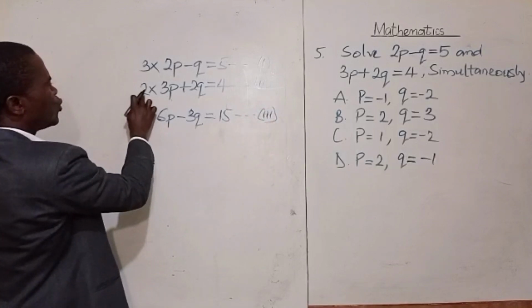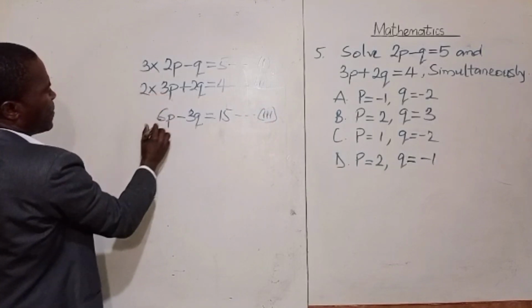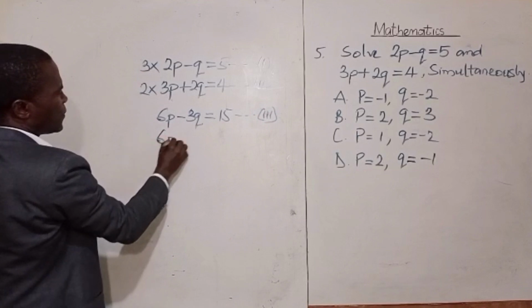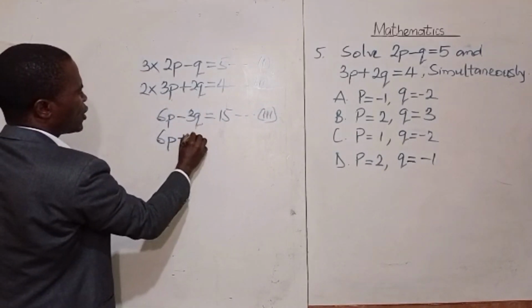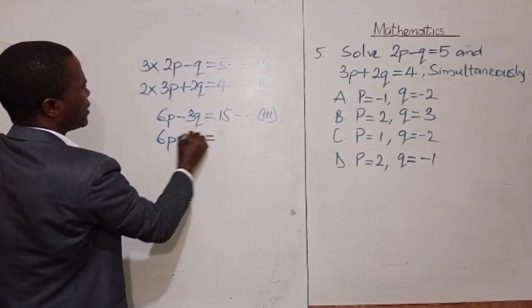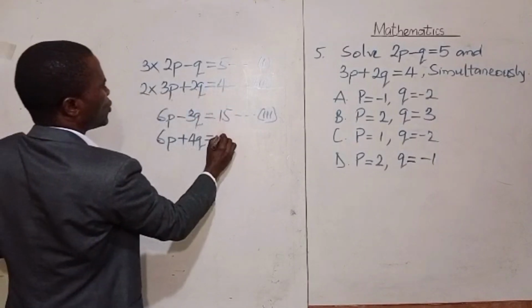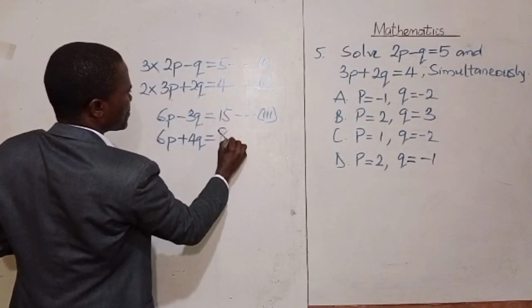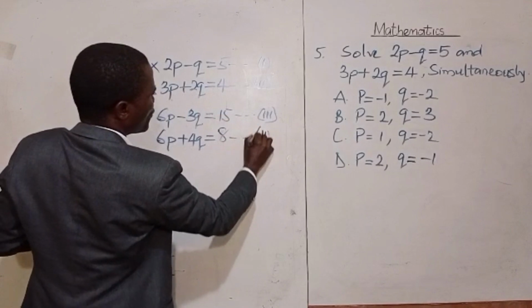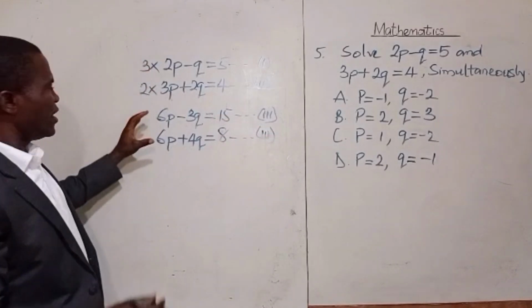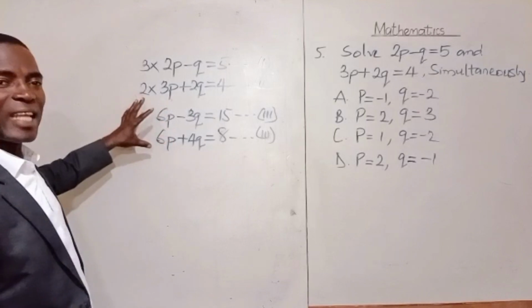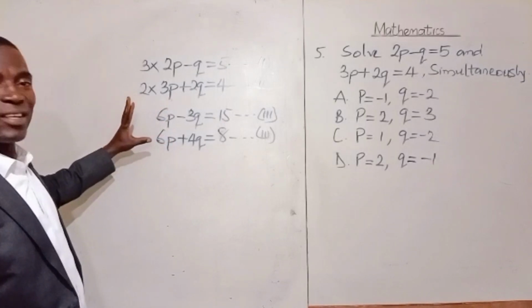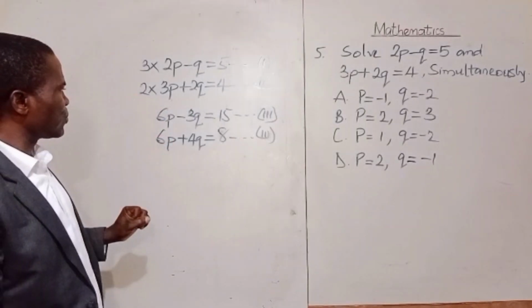Then we have 2 times 3p, it gives us 6p, plus 2 times 2q, it gives us 4q. Then we have 2 times 4, we have 8. This is equation 4. You can now see that the coefficient of p here and here is now the same, and that is where we are heading to.